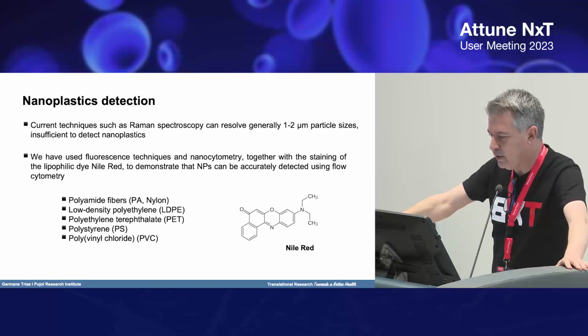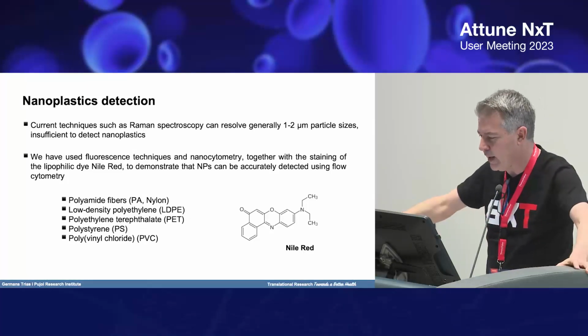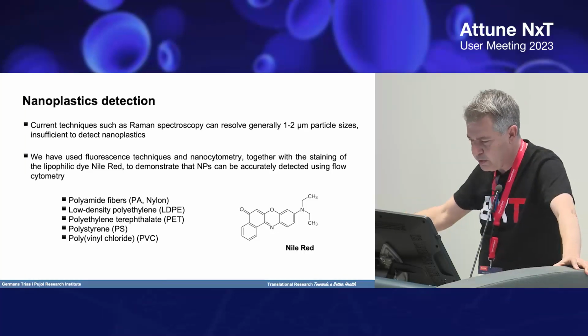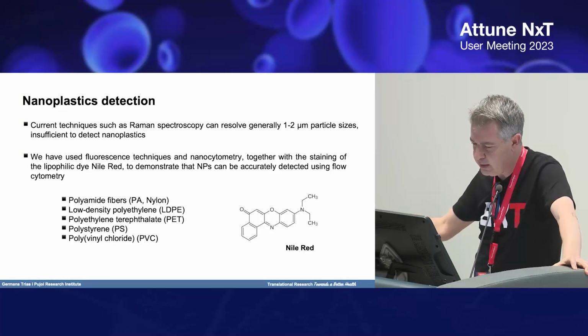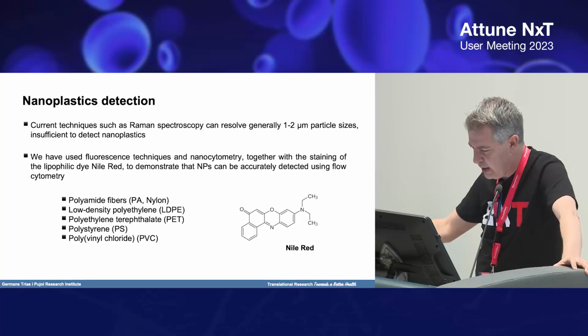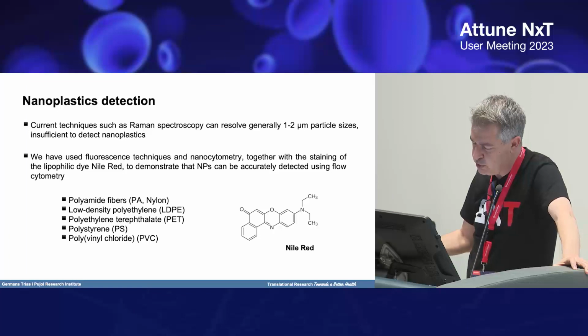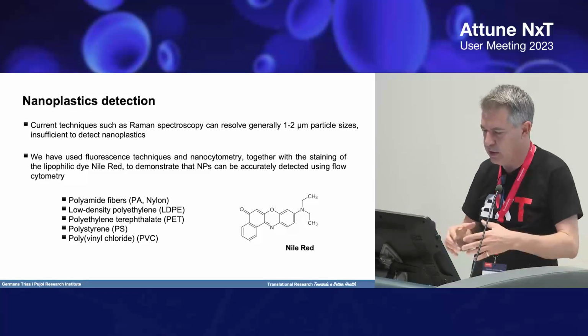And then we decided to use the Nile red. Nile red is a very well-known probe used to identify natural lipids. And then we decided to use this approach to study the plastics.